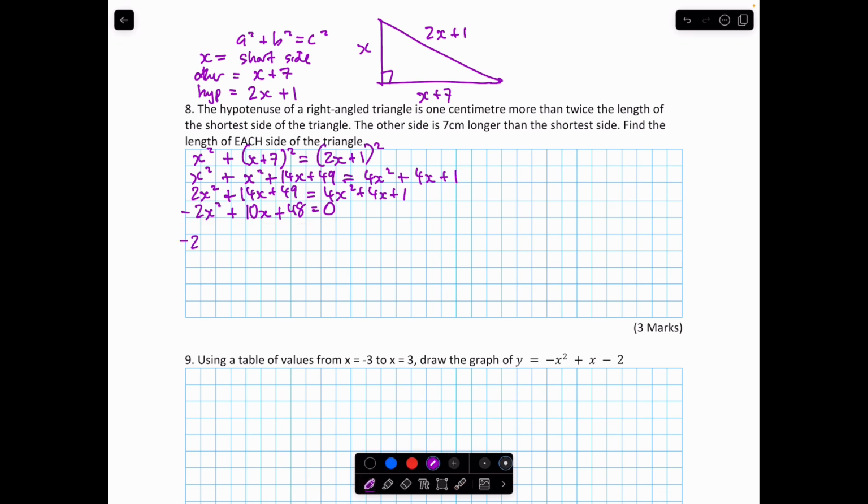So -2 at the front, x squared. What I have to times -2 by to get positive 10x is -5x. What I have to times -2 by to get positive 48 is -24 equals 0. Divide both sides by -2. You're going to have x squared, take 5x, take 24 equals nothing.